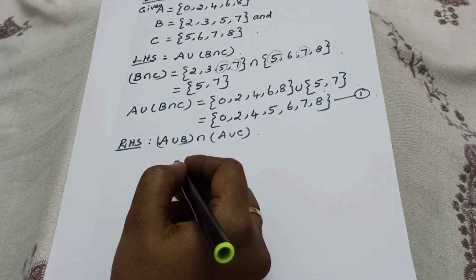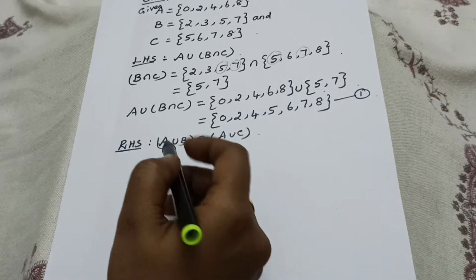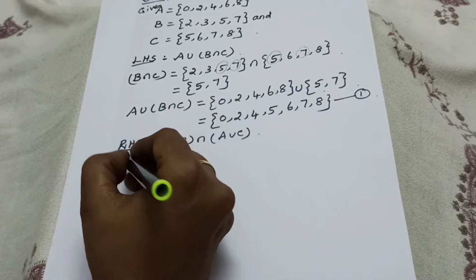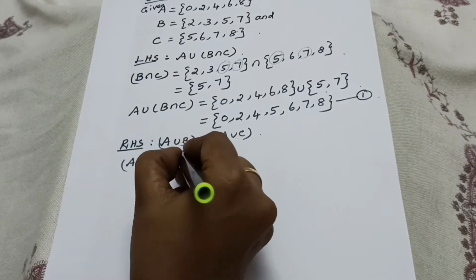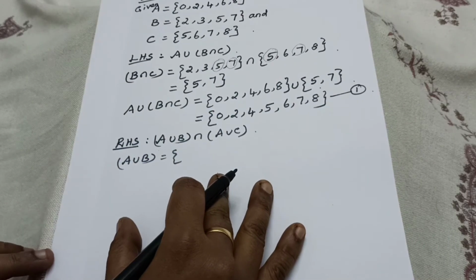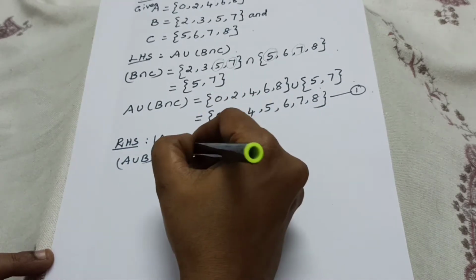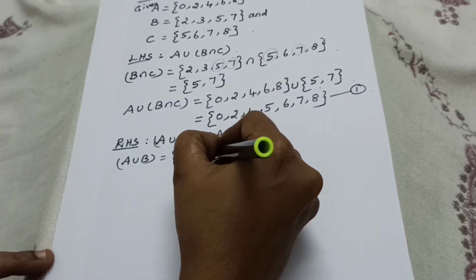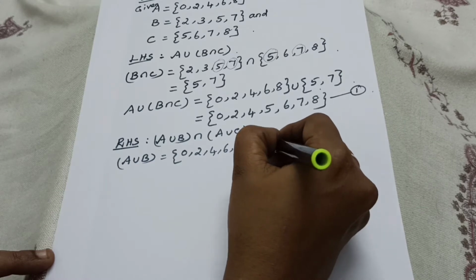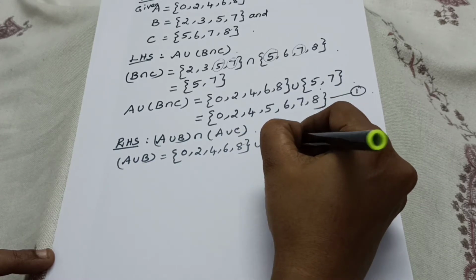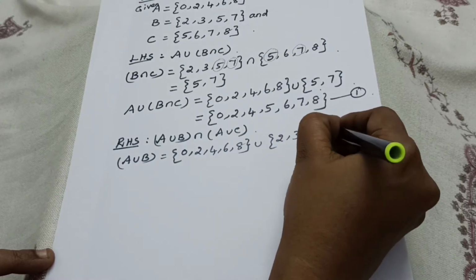These two are equal, we have to prove. Inside the bracket, what is given? A union B. A union B is equal to the set of, what are the A elements? 0, 2, 4, 6, 8. Then B is 2, 3, 5, 7.